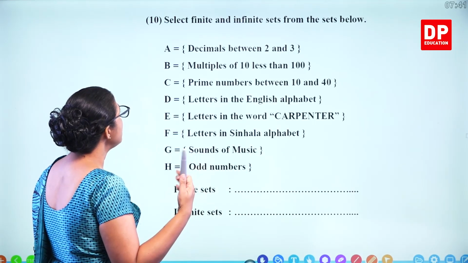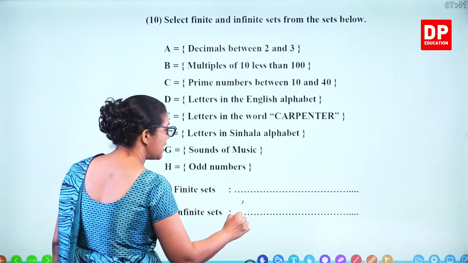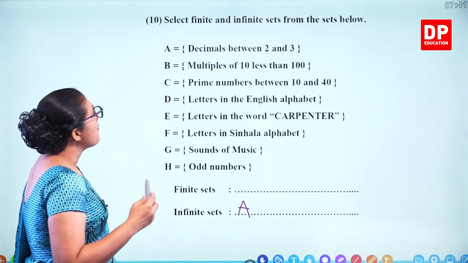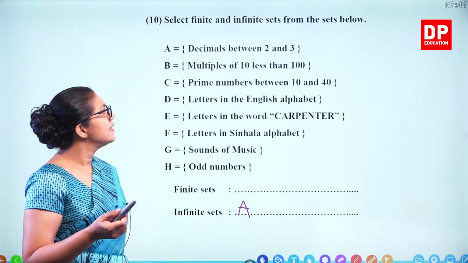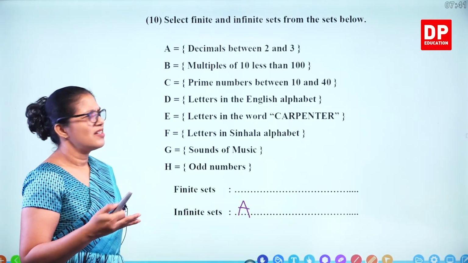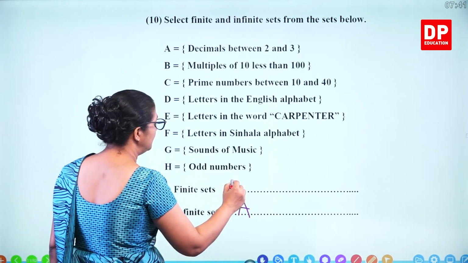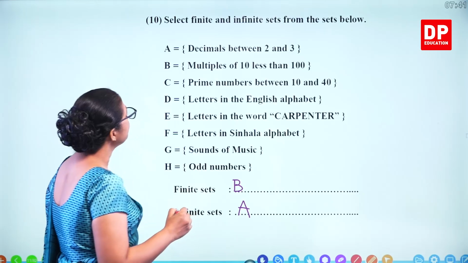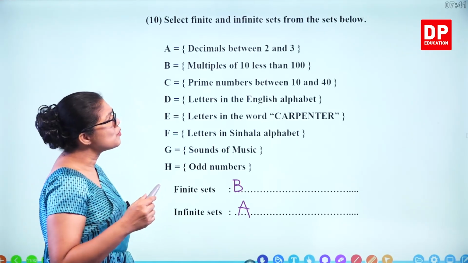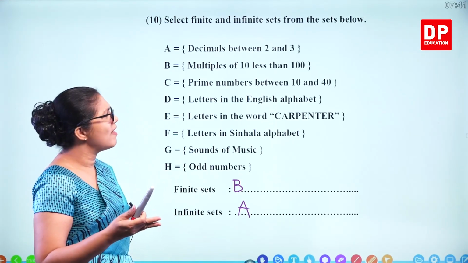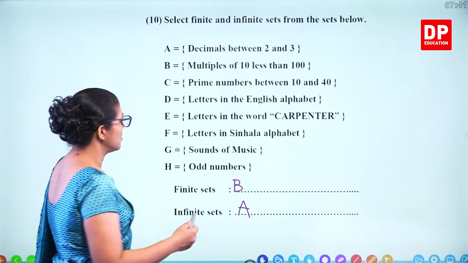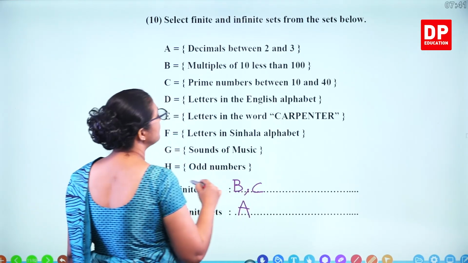So that's infinite. Multiples of 10 less than 100. 10, 20, like that you can write down. So that's finite. Prime numbers between 10 and 40. There's an end to that. You can write them down. So that's finite.